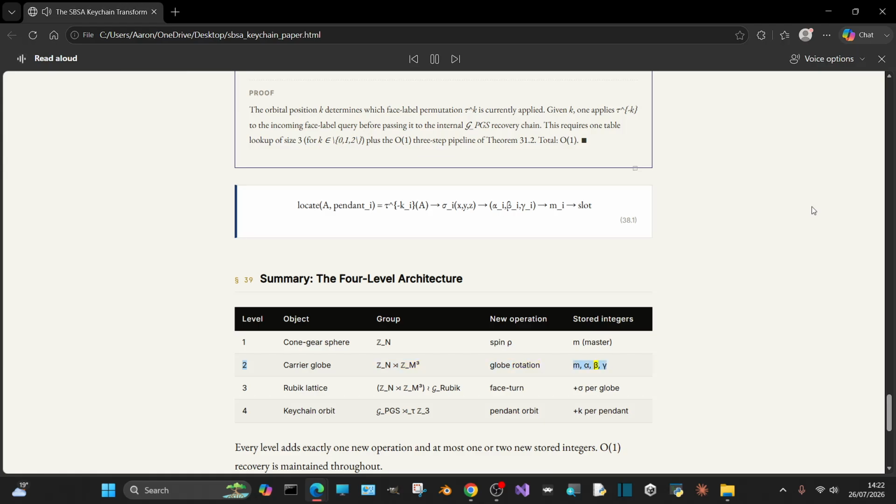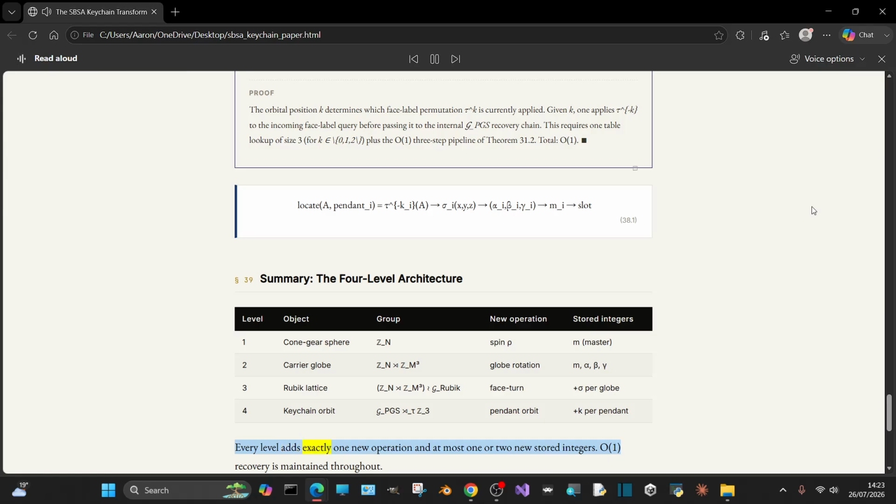M alpha, beta, gamma. 3. Rubik lattice. _N right semidirect product _M cubed, _Rubik. Face turn. Plus sigma per globe. 4. Keychain orbit. _PGS, right semidirect product _3. Pendant orbit. Plus k per pendant.